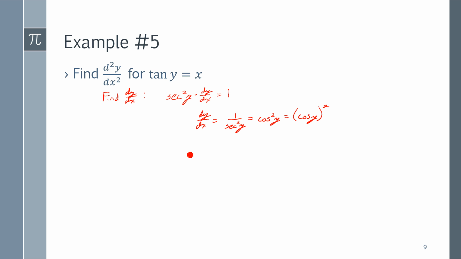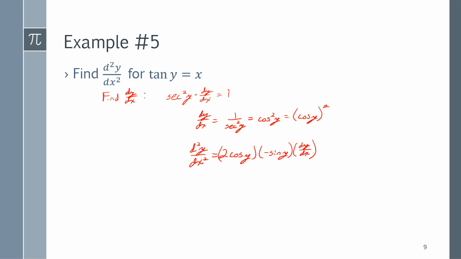So now I'm going to take the derivative of dy dx, so d squared y dx squared. For the derivative of cosine y squared, I need to do the derivative of the squaring first, times the derivative of cosine y, times the derivative of y.